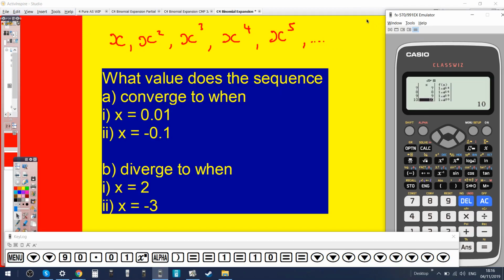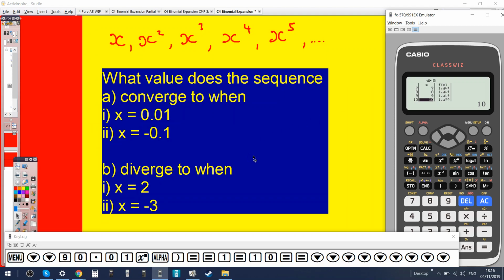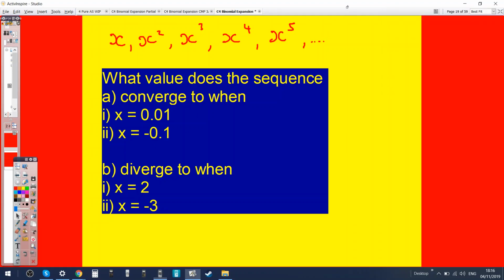To the power of 10? Yeah. 1 times 10 to the minus 20. And so what number is that very close to? 0? Yes. So that's converging on 0. Okay. Is that true for all values less than 1?